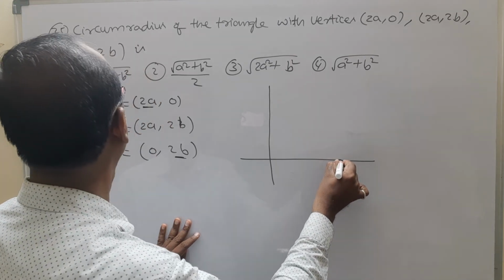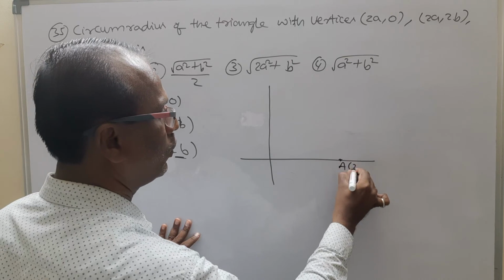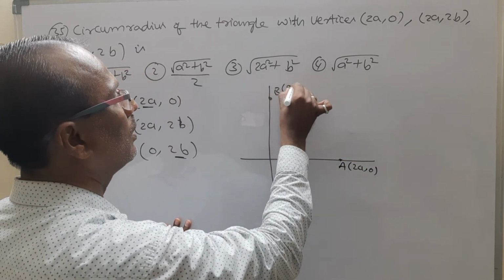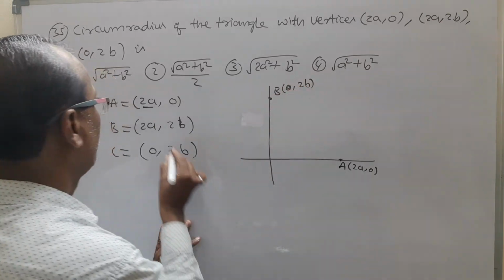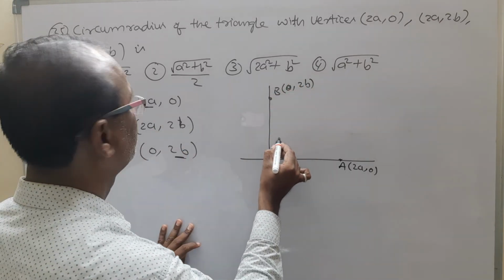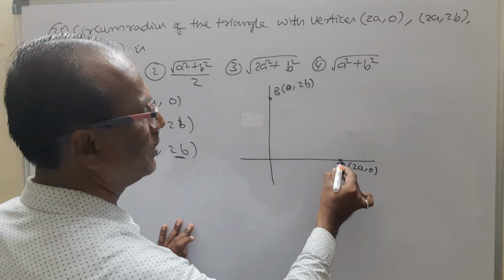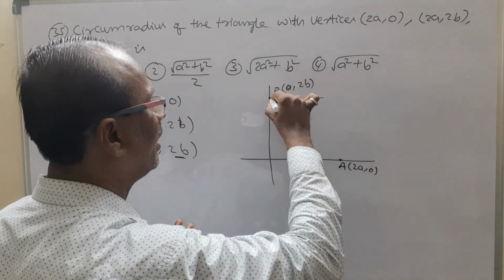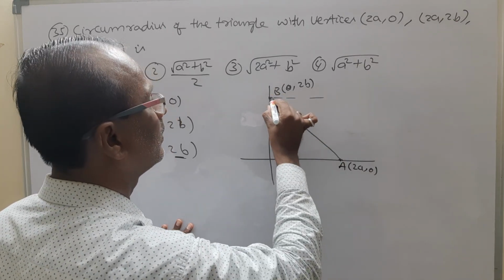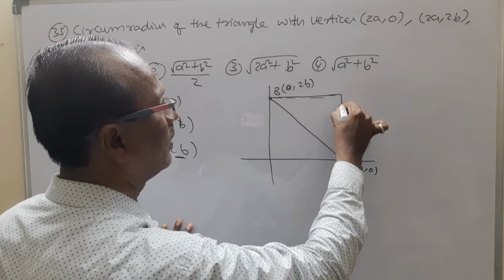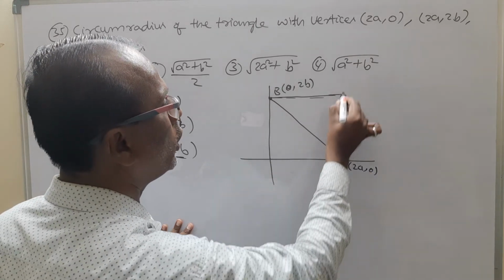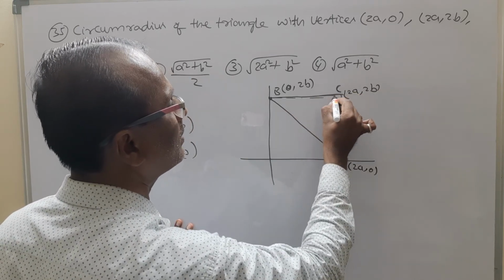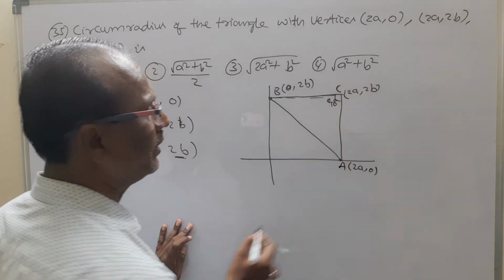Here is the diagram. A equal (2a, 0) lies on the x-axis, C equal (0, 2b) lies on the y-axis.